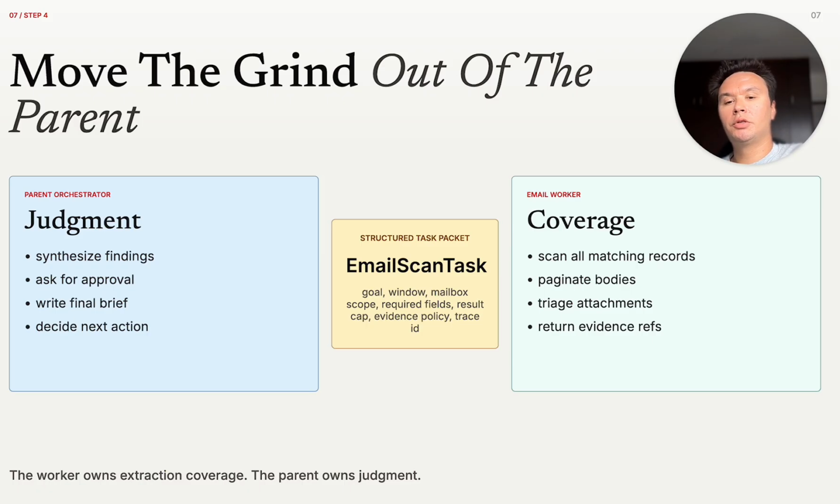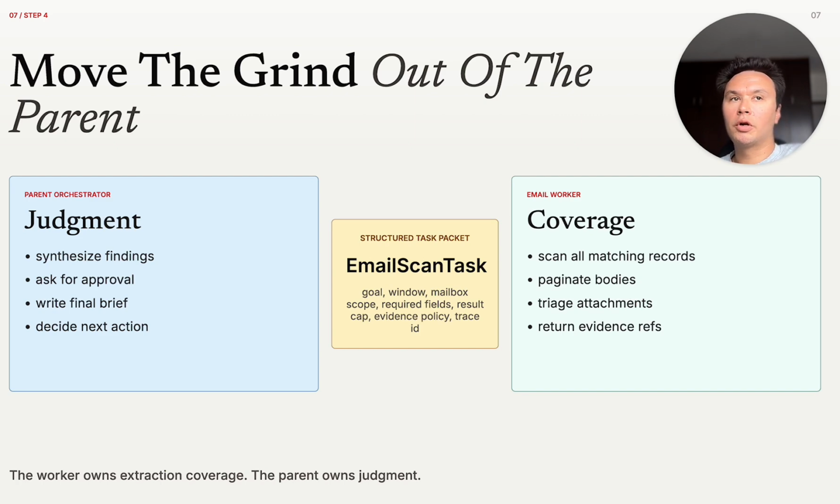The parent agent, the most intelligent one, like GPT 5.5 or Opus 4.7. So the parent should not personally grind through all of those emails, every thread message on every one of them and every attachment candidate. It's not judgment work. This is just extraction work.